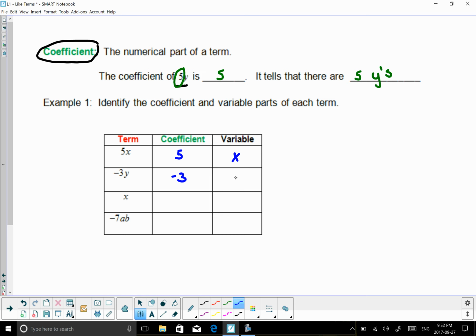It goes with the actual coefficient, and the variable is y. So here we have just an x, but there's an invisible 1 in front of there. That's saying there's 1x, and the variable is x. The coefficient for this one is negative 7, and there's two variables, a and b.